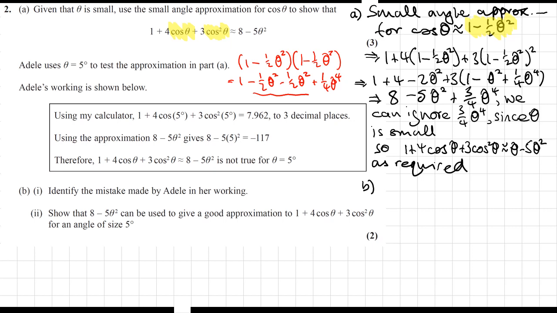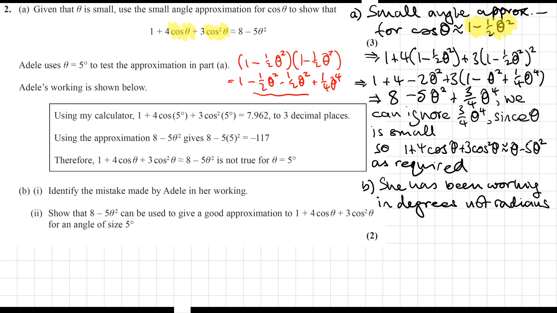So the mistake she's made is that she has been working in degrees, or she's got a calculator in degrees mode, not radians. It should be in radians. The small angle approximations are valid for radians only.